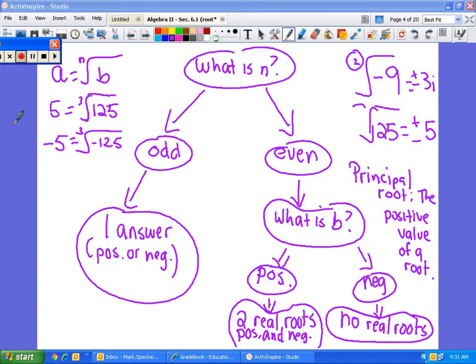We do know what the square root of negative 9 is, don't we? Square root of negative 9 is 3i. But since i stands for imaginary, imaginary obviously is not real.